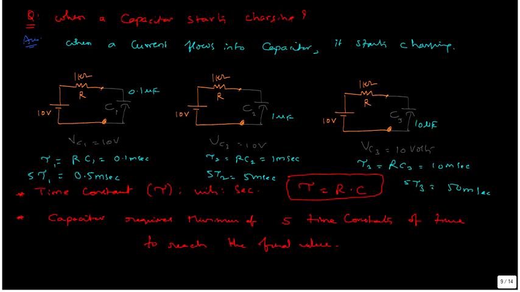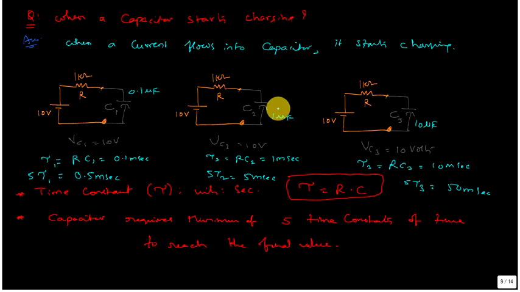If you apply the voltage source of 10 volts for 0.5 milliseconds, that itself is sufficient for C1 to reach its final value. For the second capacitor C2, it requires 5 milliseconds. For C3, it takes 50 milliseconds. That means capacitor C1 charges very fast, C2 moderate, and C3 very slow.